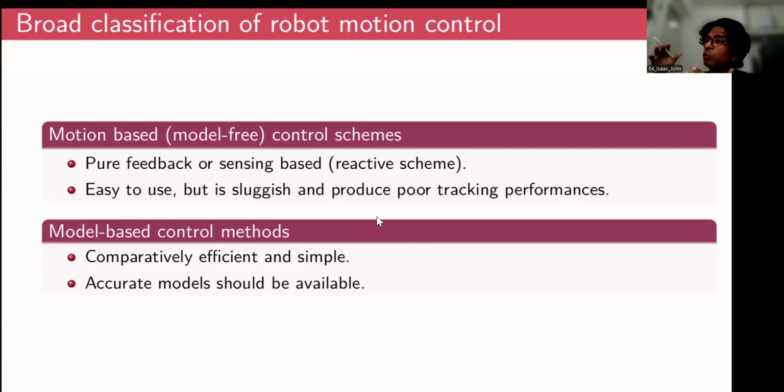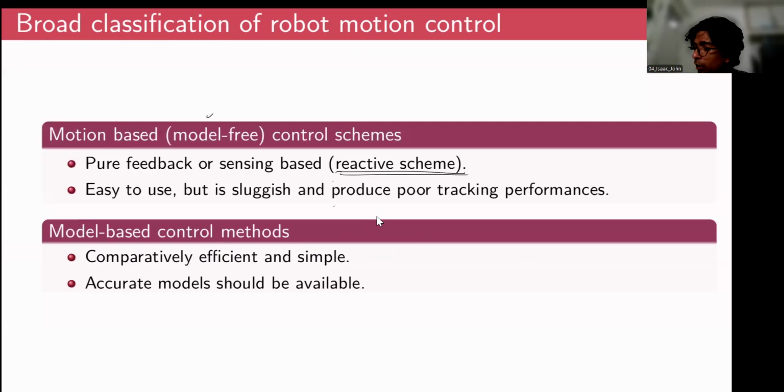So if you have a desired trajectory, but the robot executes an actual trajectory, its own trajectory, then whatever the robot executes can be measured using sensors. And a control input that is proportional to the error between the actual and the desired trajectory would be fed into the robot. We have seen this earlier. We called it the reactive scheme.